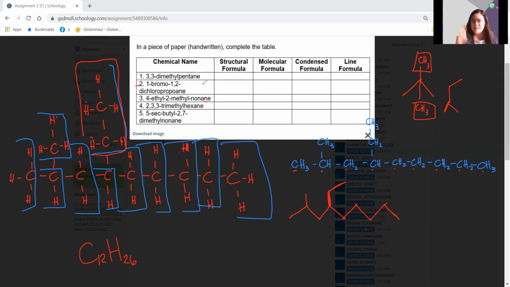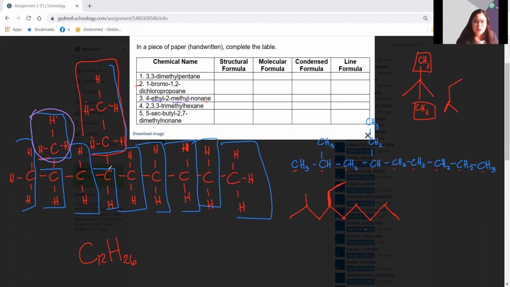Pag meth, isang carbon. So that is the reason why at carbon number 2, isang carbon lang ang naka-bind dyan kasi methyl naman ang nakasulat, isang carbon. Pero at carbon number 4, ang pangalan niya ay ethyl.